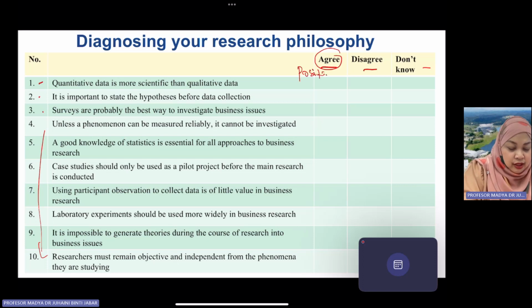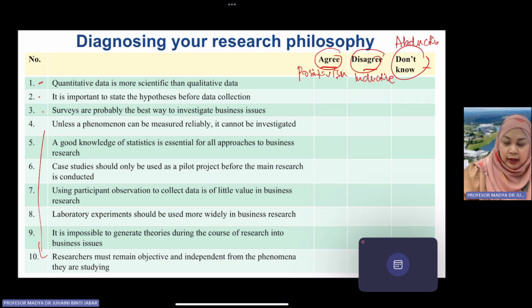If a lot of your answers are disagree, this will be inductive. If you have a lot of don't know, you are abductive. This one is deductive.